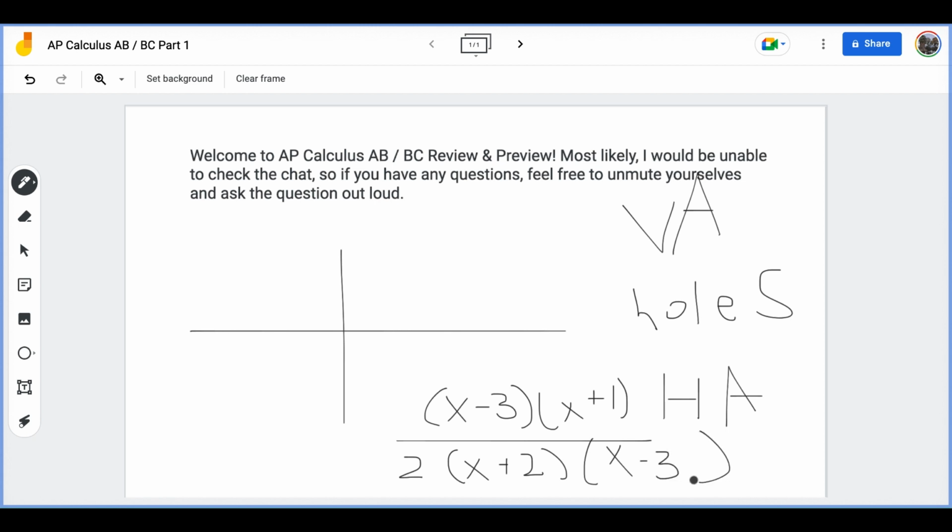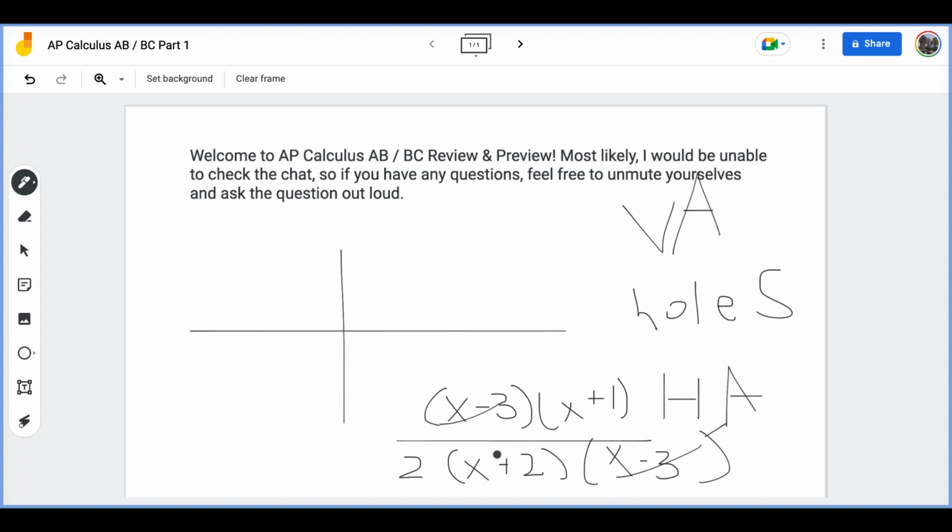Vertical asymptote is basically a term in the denominator. You have to look at a term in the denominator and make sure it doesn't cancel off. So in this case, x minus 3 and x minus 3 cancels off. So you might think that just doesn't matter, but it does matter, and we'll get to that in a little bit. But look for one that doesn't cancel off, so x plus 2 is the only one.